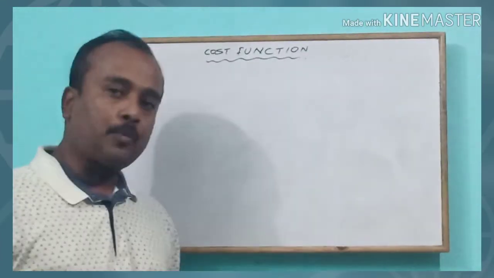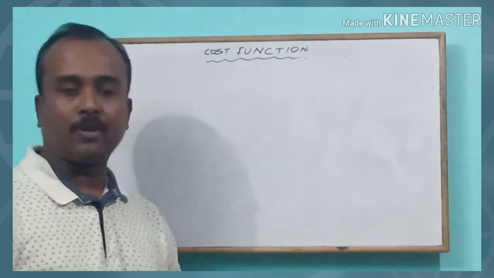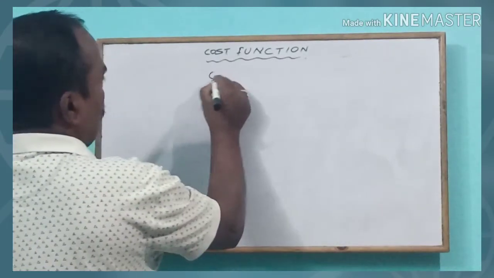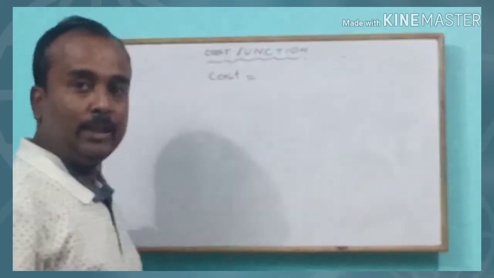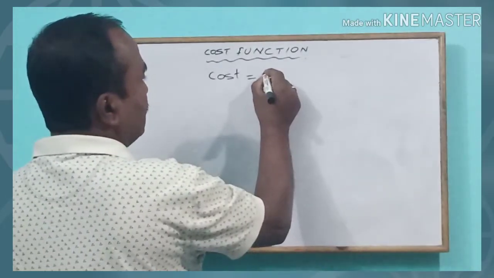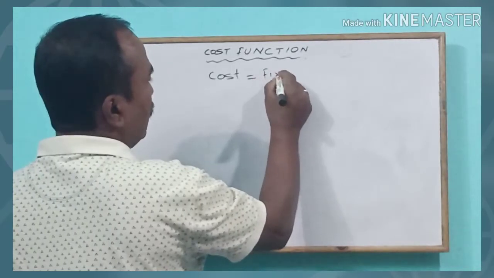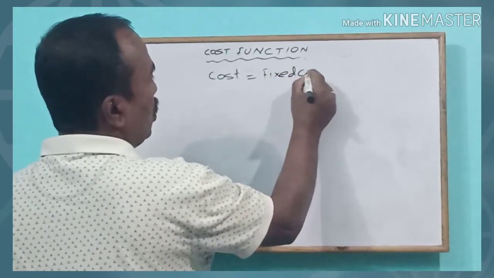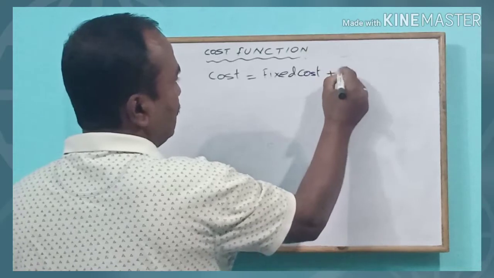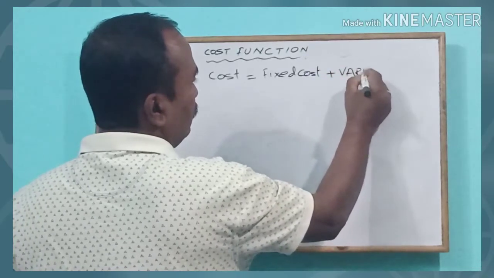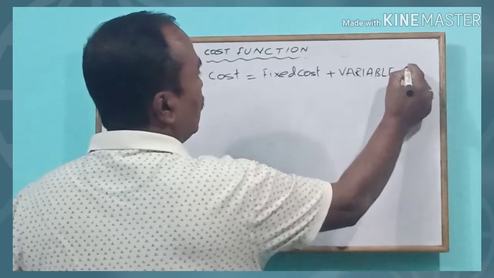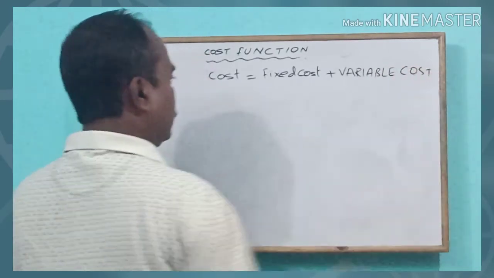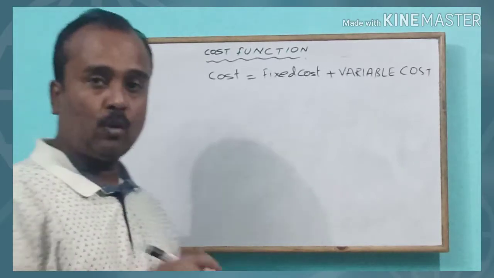Now, whenever there is a production in a company, there are two types of cost. Costs can be divided into two parts. That is, one is fixed cost, and the other one is the variable cost. Now, what is fixed cost and what is variable cost?